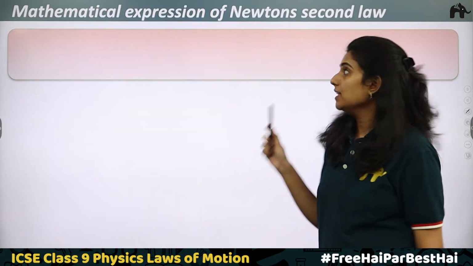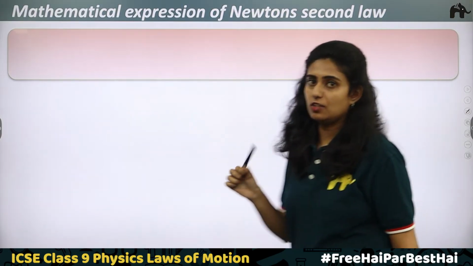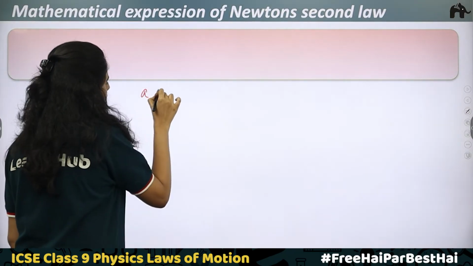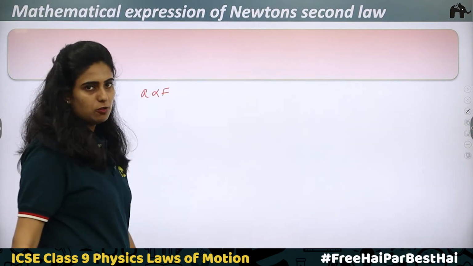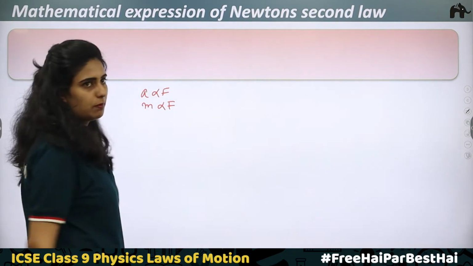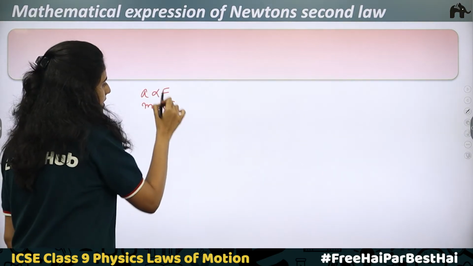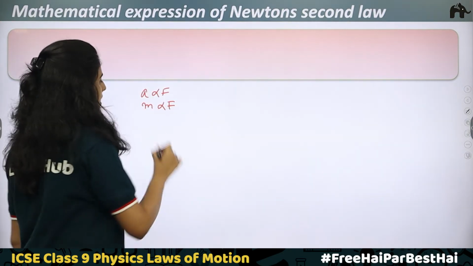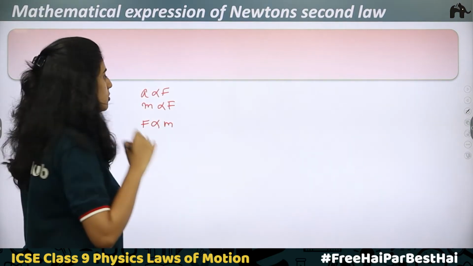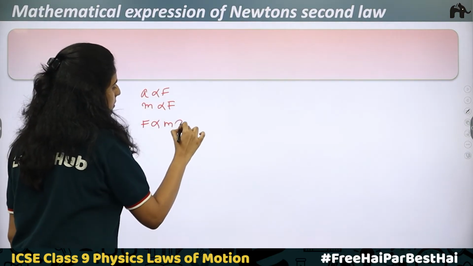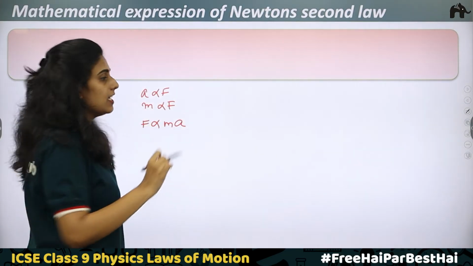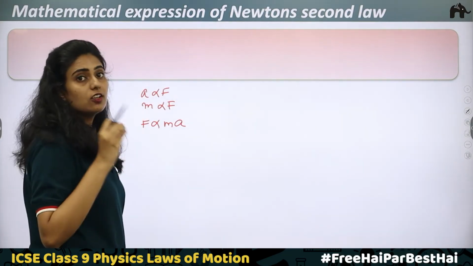Mathematical expression of Newton's second law. From the first case, we have acceleration and force are directly proportional. From the second case, we have mass and force are directly proportional. On comparing, force is directly proportional to mass, and force is directly proportional to acceleration. To remove this proportionality, we can introduce a constant.